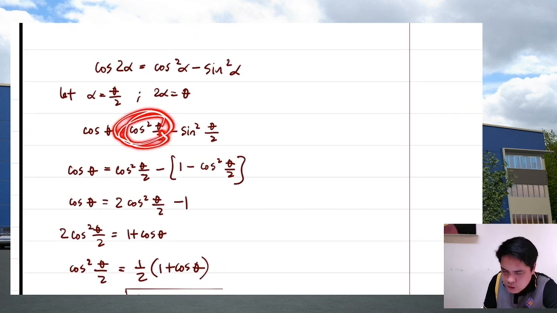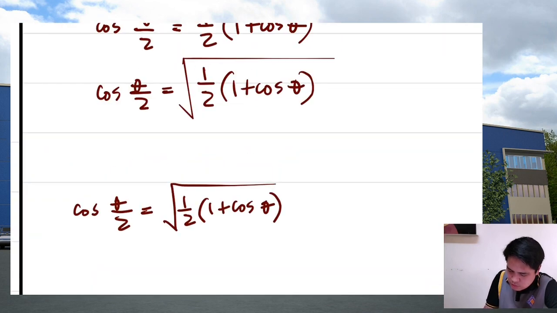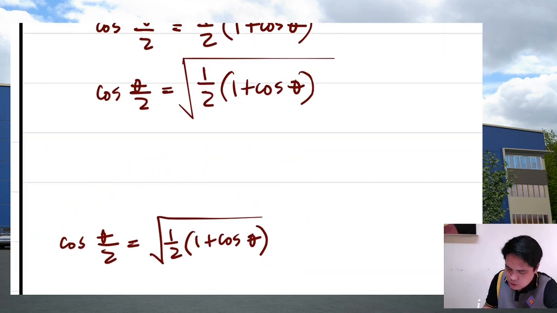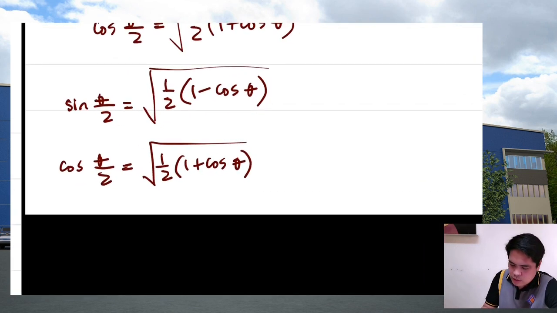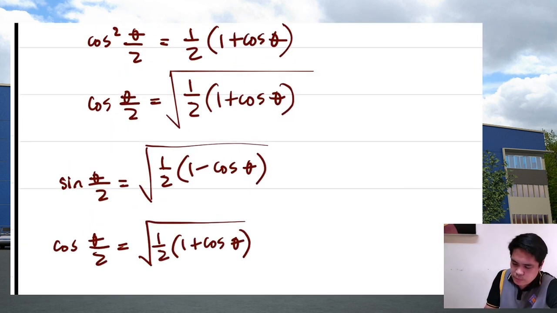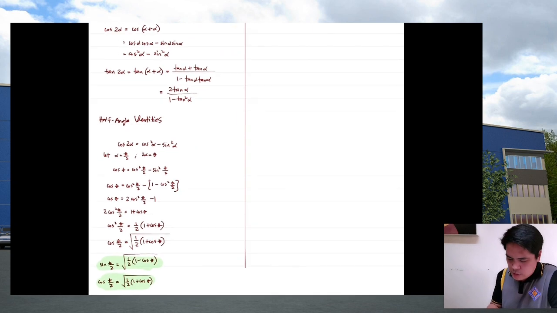Dito kayo mag-change sa Pythagorean identity. So, you just do that para madali yung discussion natin. Makasample problems na tayo. For sine theta over 2, that is square root of 1/2 times 1 minus cosine theta. Ayan. So, that's it. So, you need to memorize this another 2. Okay? That's half angle identities.